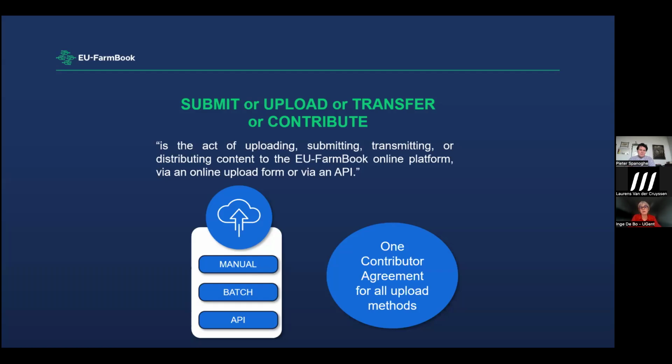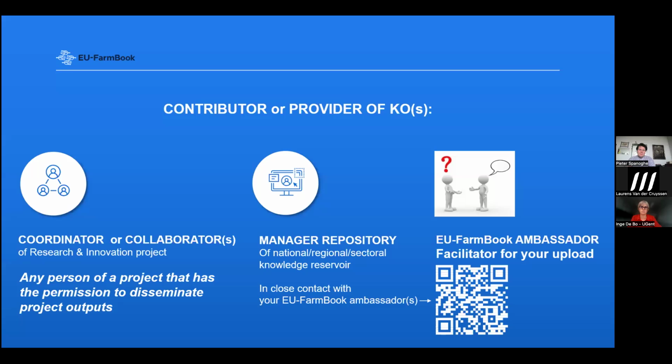This can be done via an online upload form, which is a manual way, or via an API, which is more programmatic. So we have 3 methods of uploading. This is not the focus of this training session, but it doesn't matter which upload method you choose. We only have one common contributor agreement.